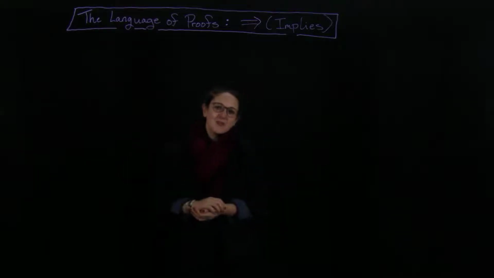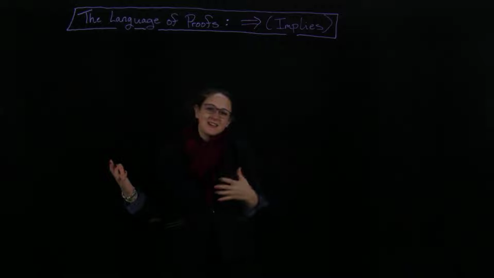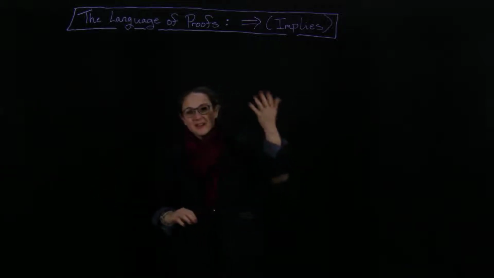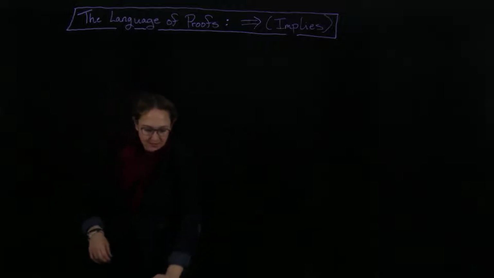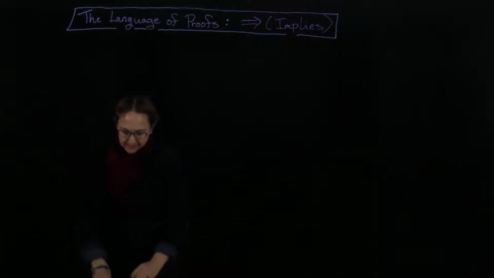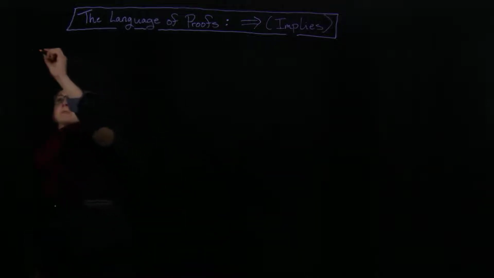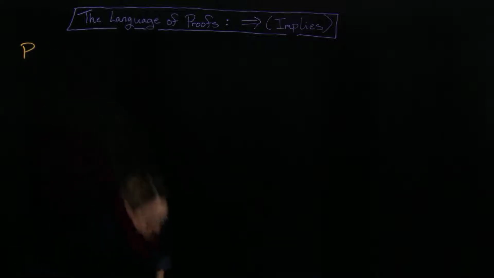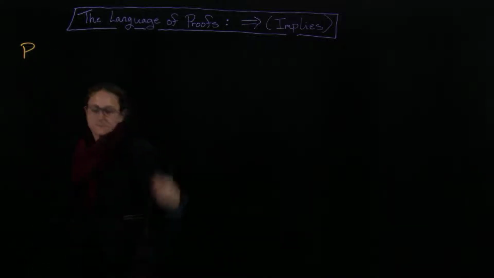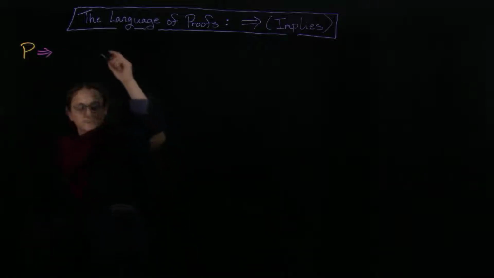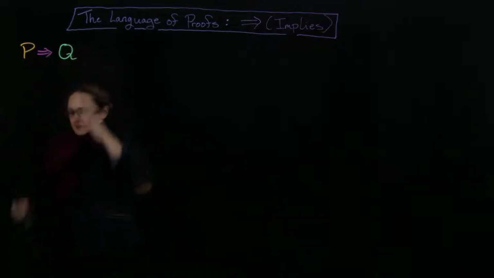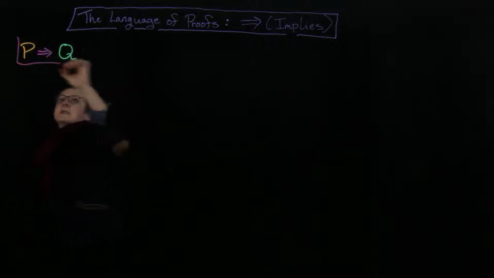Welcome. In this lecture, I want to go through the if-then kinds of statements, or the implies symbol. So let's get started. The notation we're going to look at this time is if I write P, and then I put this symbol, implies, and then we have Q. What is the meaning of this?